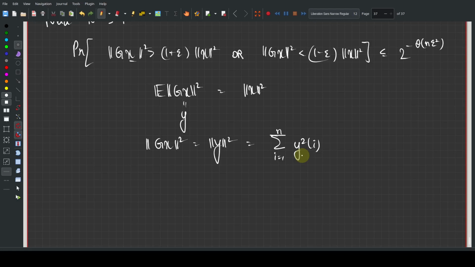It's the chi-square distribution. And is the chi-square distribution sub-Gaussian? You had it in the assignment, well, not the chi-square, but you had the gamma distribution. It's a specific case of a gamma distribution, so it's not sub-Gaussian. So y squared of i is chi-square.